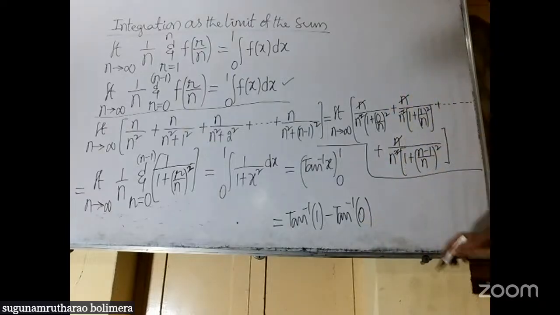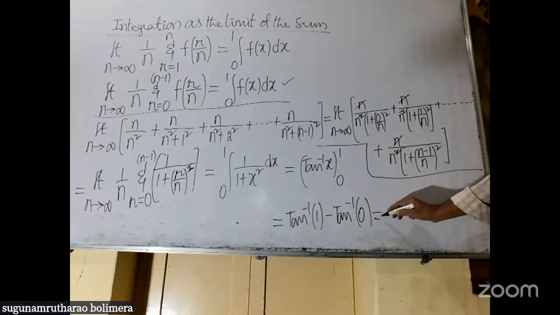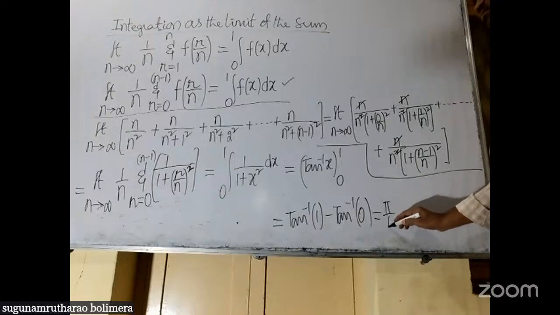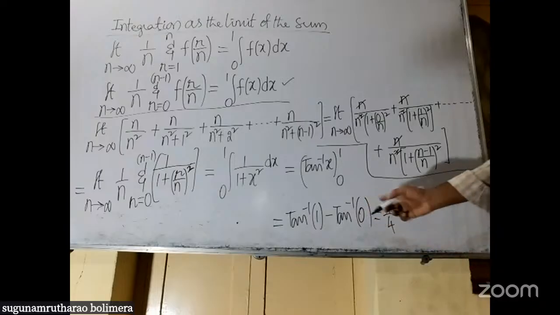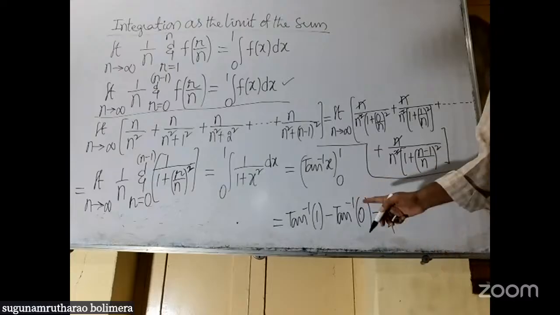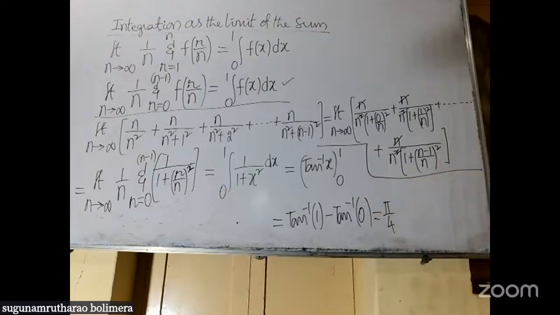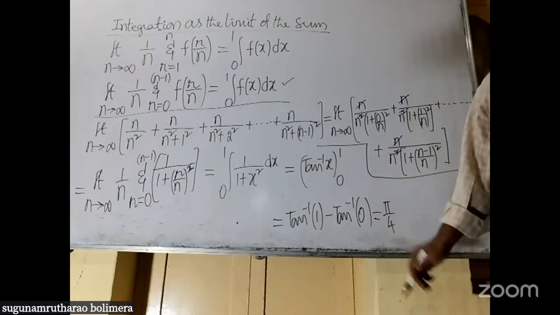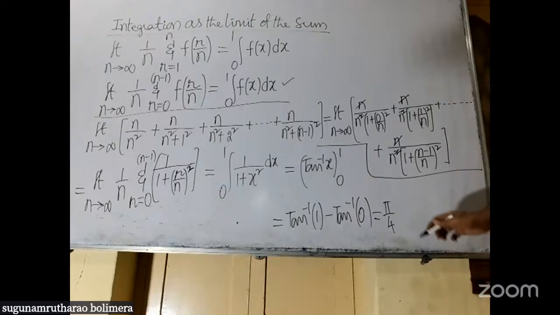Tan pi by 4 is 1, so tan inverse 1 is pi by 4. Tan 0 is 0, so tan inverse 0 is 0. Minus 0. The answer is pi by 4.